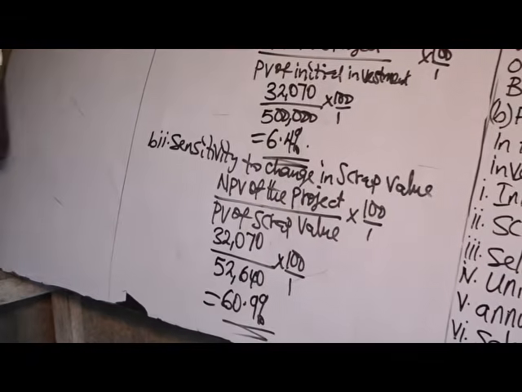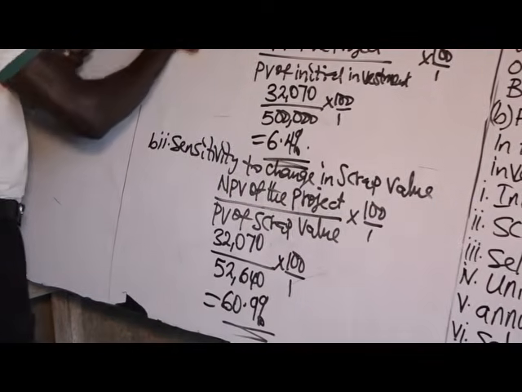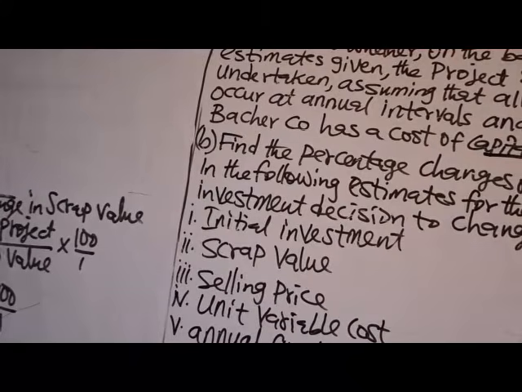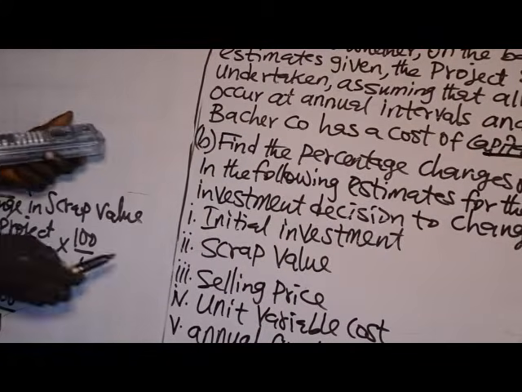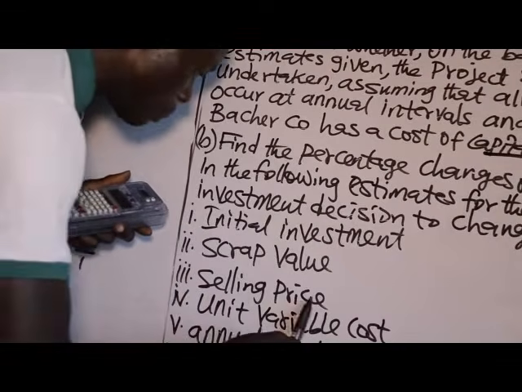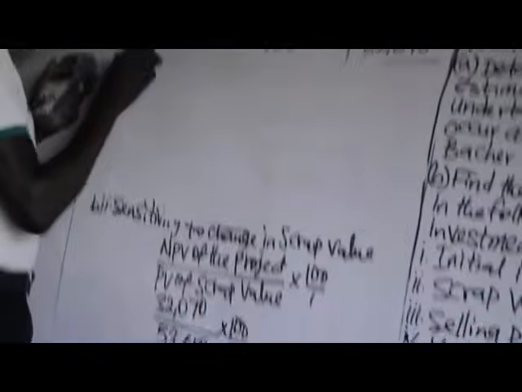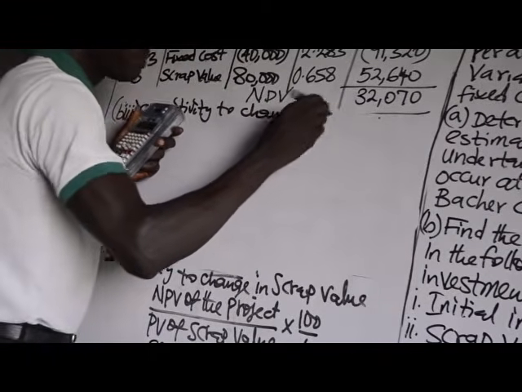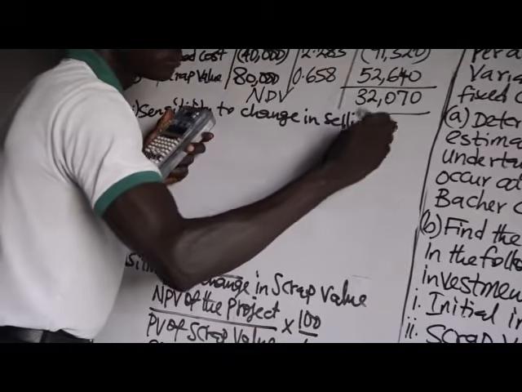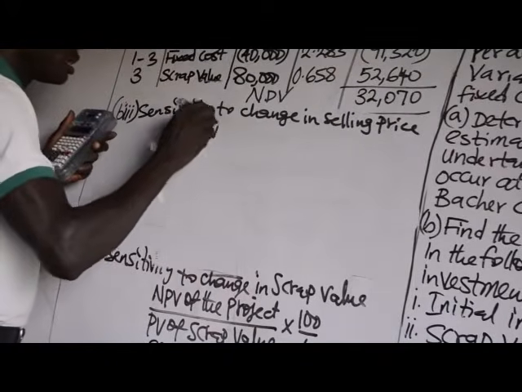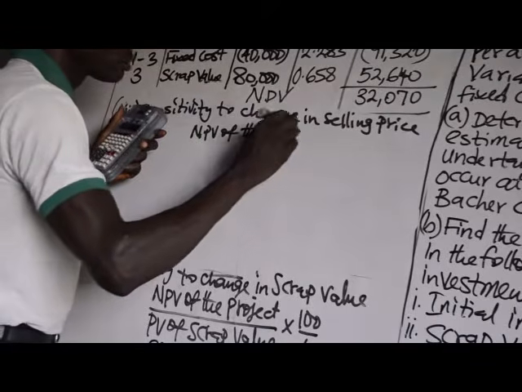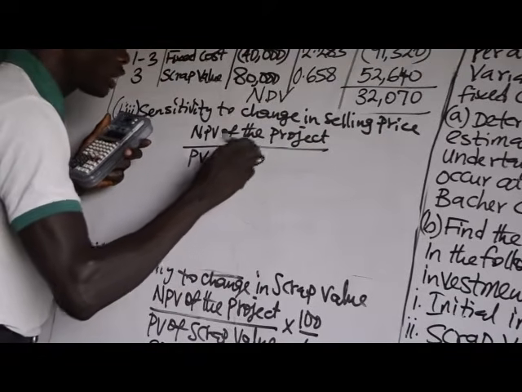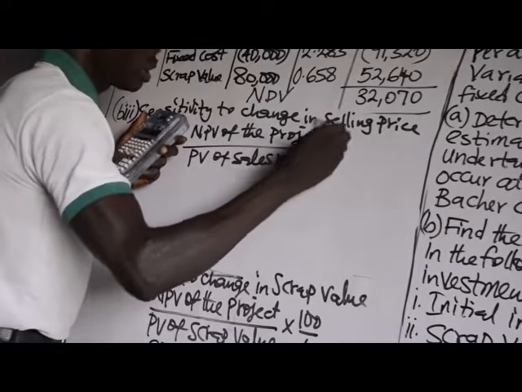Then B3, sensitivity to selling price. Sensitivity to change in selling price will be NPV of the project over PV of selling price or sales revenue times 100 over 1.